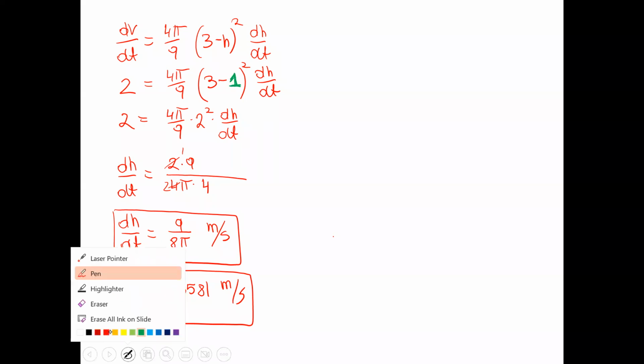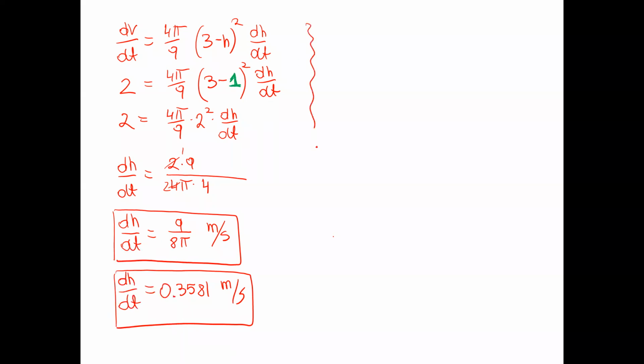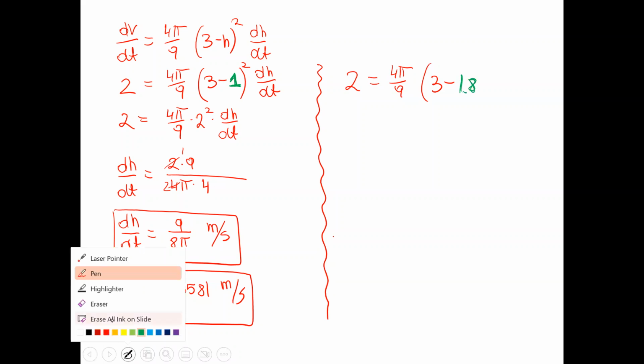And we may probably guess, okay, let's do the same calculation. The rate of change of the volume with respect to time, the same formula: 2 equals 4 pi over 9. And now we were asked to do it when the height is 1.8 meters.